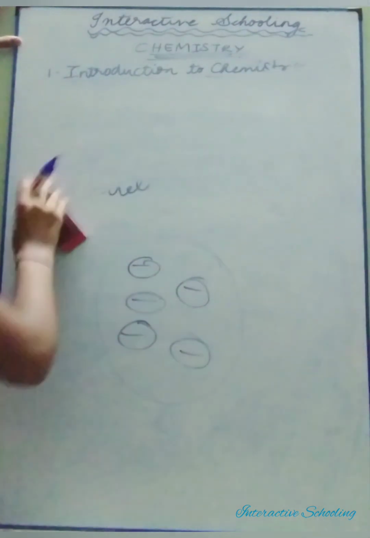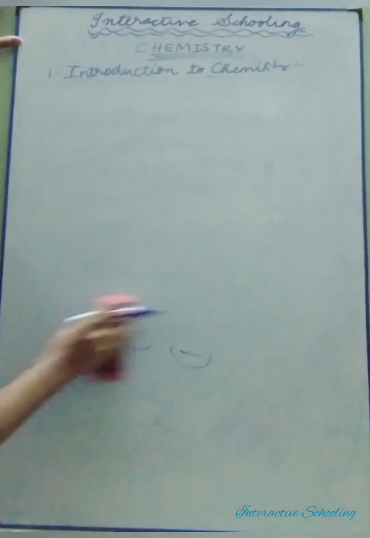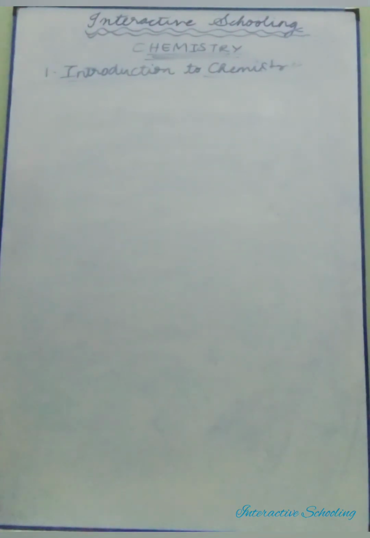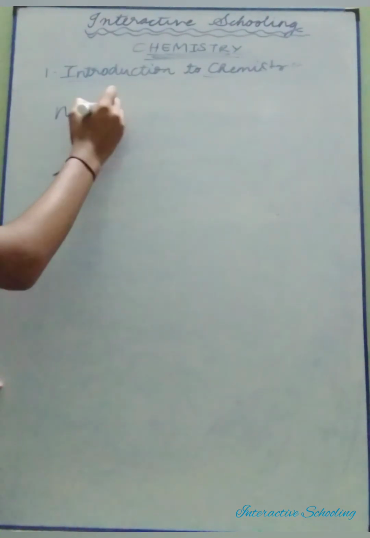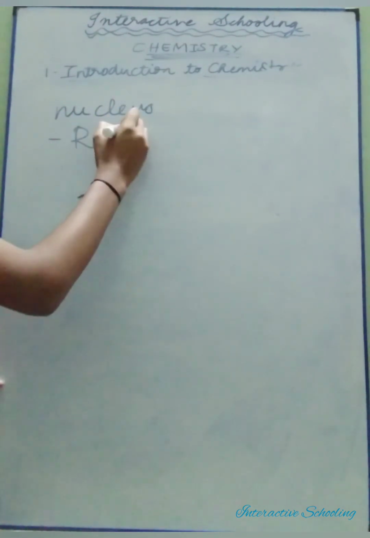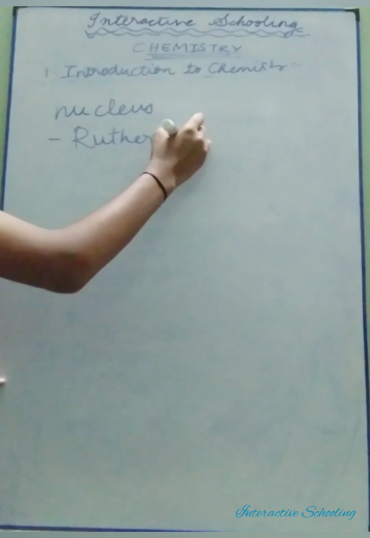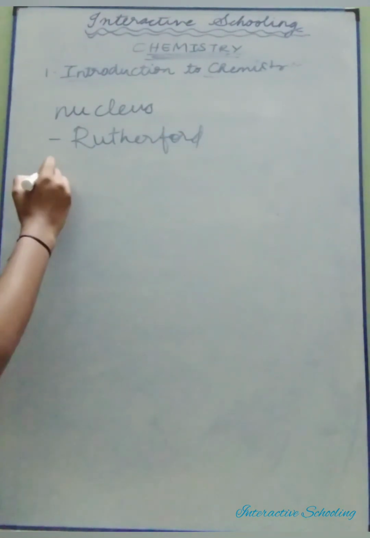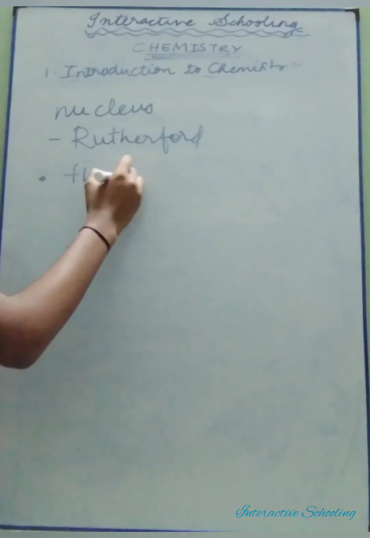Later, a scientist called Rutherford did an alpha particle scattering experiment which led to the discovery of the nucleus. So the nucleus was discovered by Rutherford. What he did was, he took a thin gold foil.